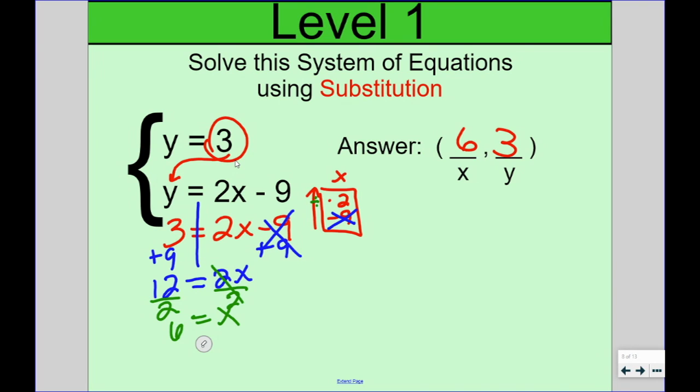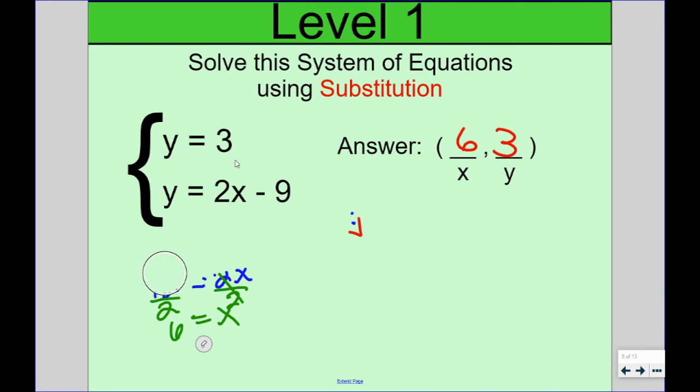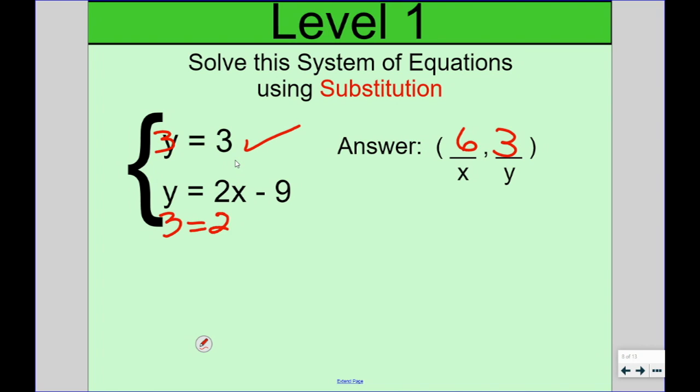Well, how do we double check that that's correct? Let's go through here and plug them in. If these are correct, they should work for both equations. Well, y equals 3. If we put 3 in for our y, is 3 equal to 3? Yes, this checks. In this next equation, our y is 3, is that equal to, what did we say our x was? 6.